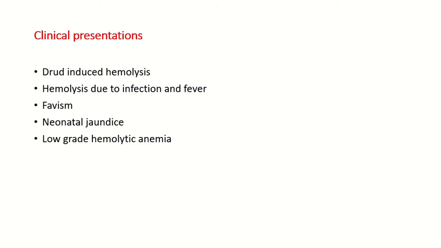Different drugs like antimalarial drugs, certain infections, and certain foods like fava beans, which lead to favism, can trigger it. Some newborn infants with G6PD deficiency present with neonatal jaundice.